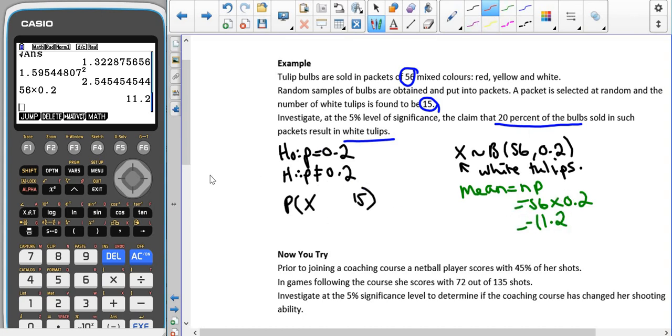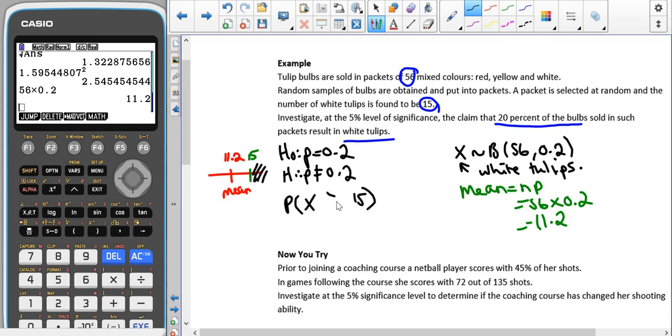So if we have a look at that number line option again, we found the mean is 11.2. Putting it in the middle of my line, 15 is obviously more than 11.2. And you can see here that this bit is a smaller area than the rest of that line.